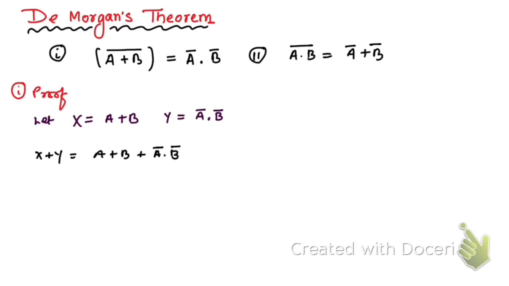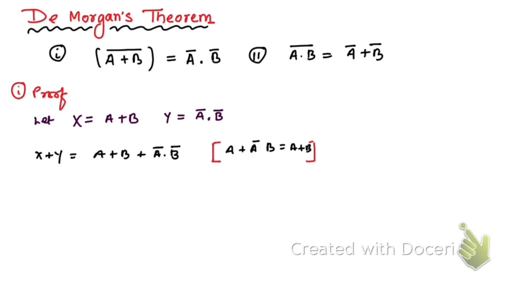So here we're going to apply an identity that we have already discussed. That's why I gave the properties earlier. We have this property, that a plus a complement b is equal to a plus b, right?